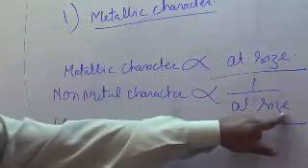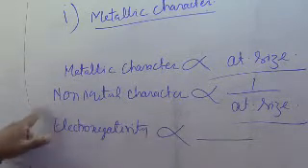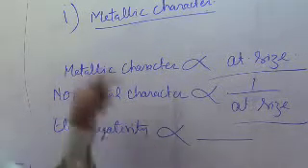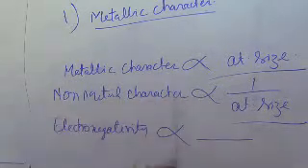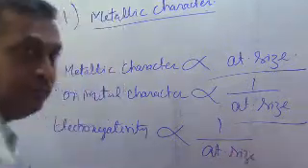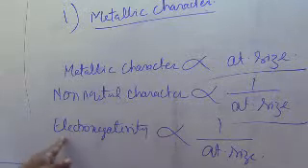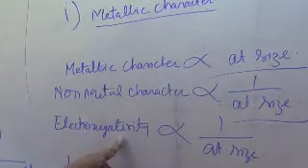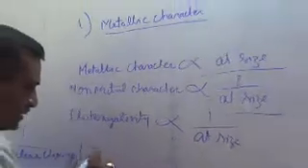As the atomic size decreases, non-metallic character increases, or electronegativity increases. Same as this. Next is electron affinity or ionization potential.